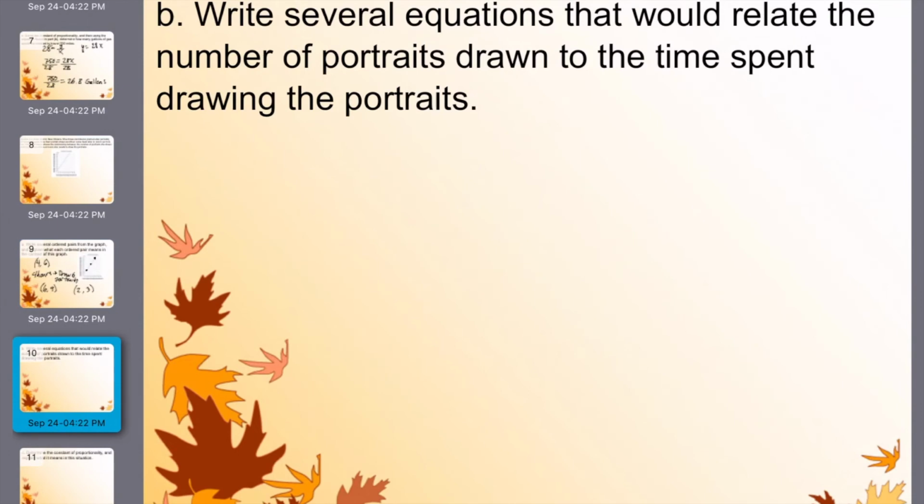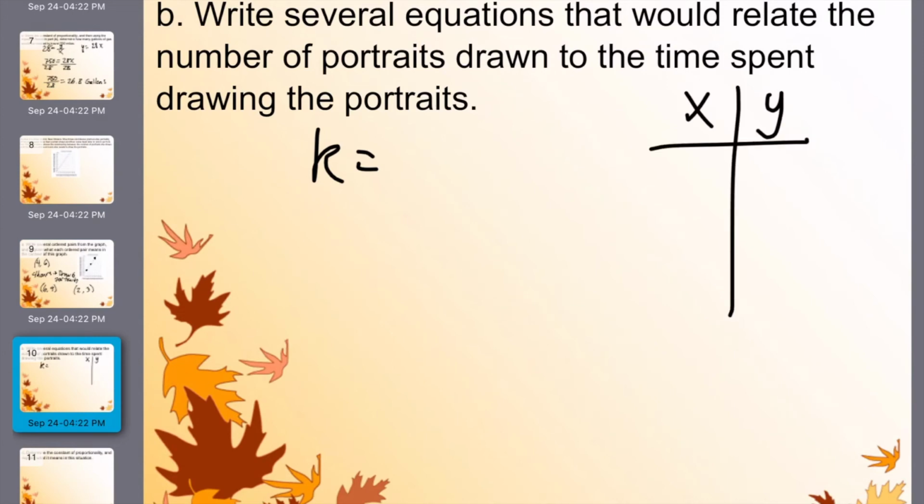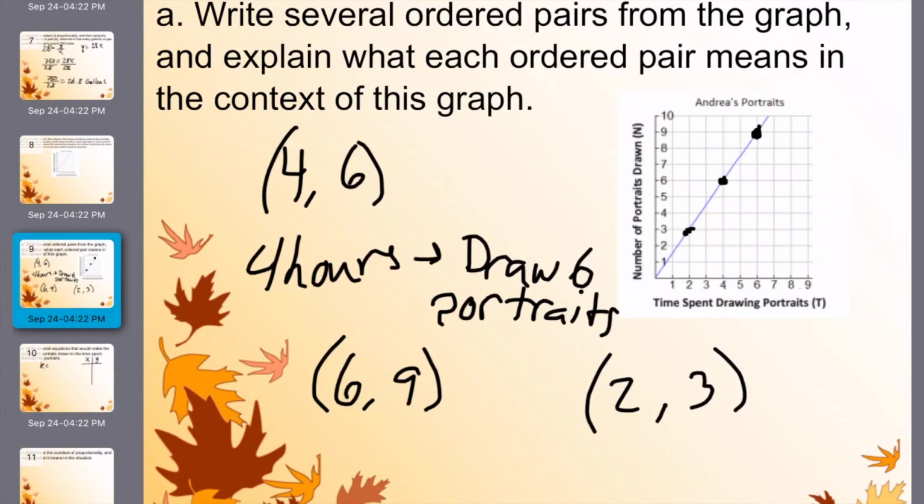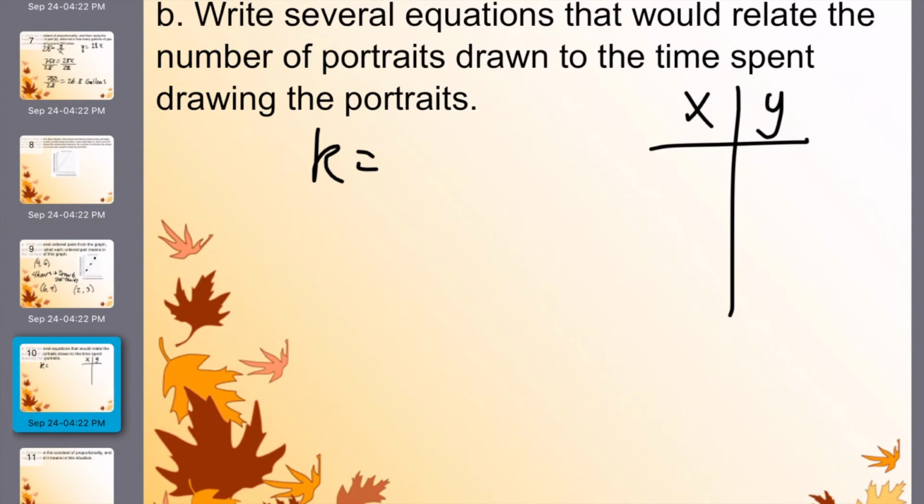Write several equations that would relate the number of portraits drawn to the time spent drawing the portraits. So in this case, I need to figure out what my constant of proportionality is. And in fact, I could use my coordinates and make an XY table. So I'm going to use 2, 4, 6 as my X values.